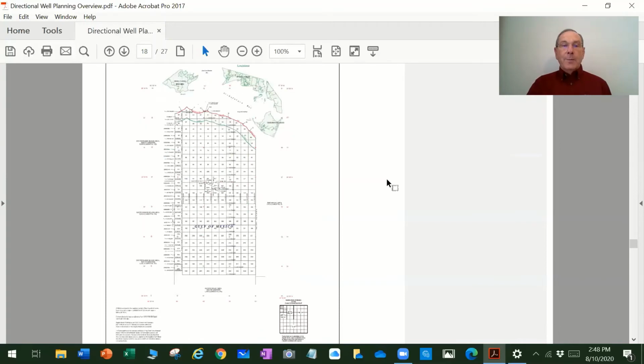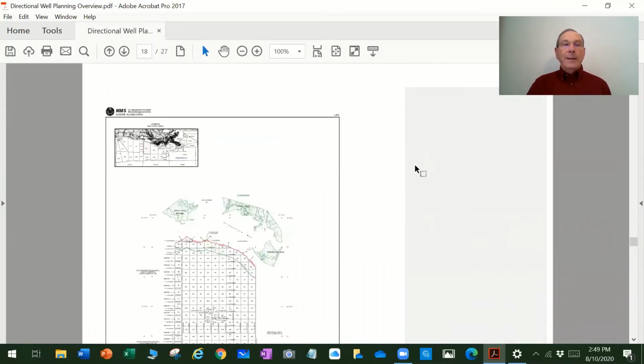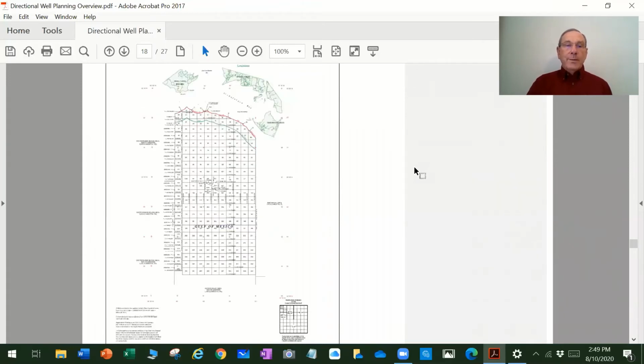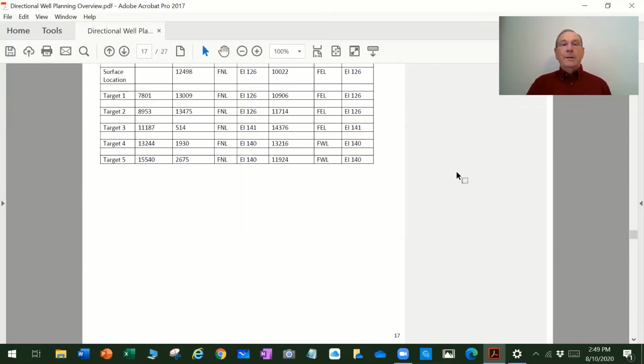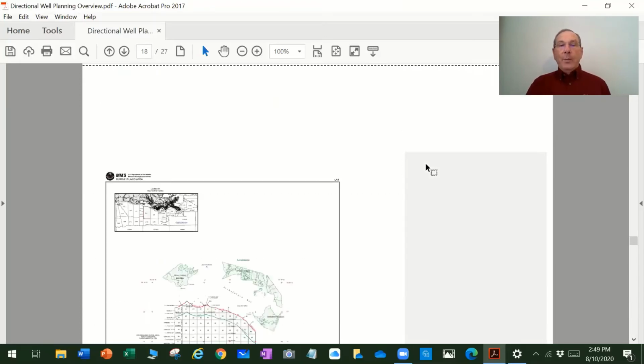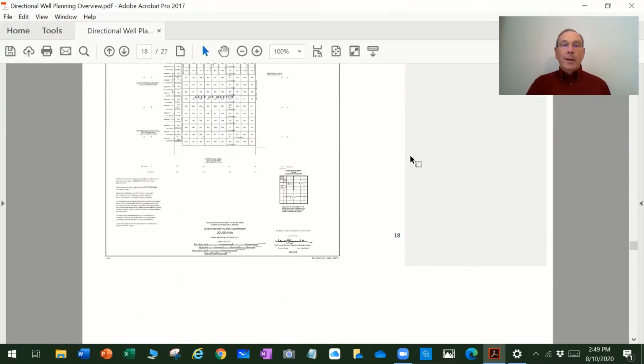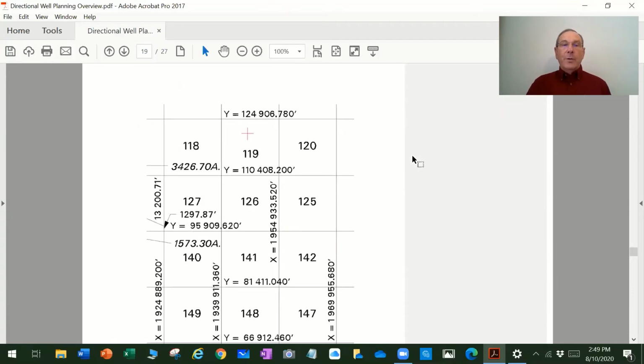So here is a protraction map of Eugene Island area in the Gulf of Mexico. You're not going to be able to see these blocks, but if I were to expand it, these blocks would be located right in here. There's 3 blocks included in this project: blocks 126, 141, and 140. So this forces us to evaluate our horizontal grid and to calculate our values.